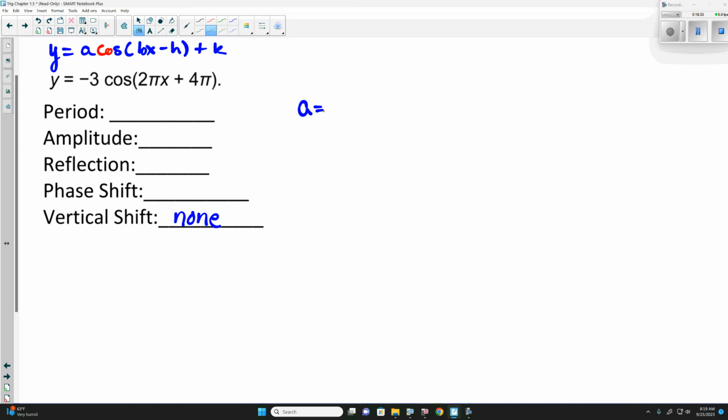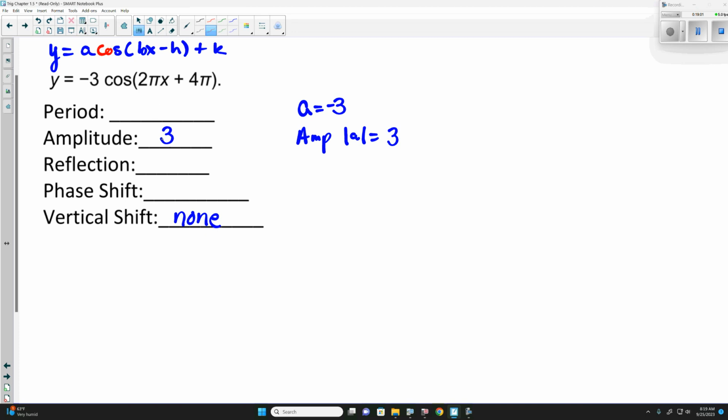But our amplitude for this, our value of a is -3, or we can say a is -3. The amplitude is the absolute value of a, which would be 3. So the amplitude for this is 3. Questions on this here?